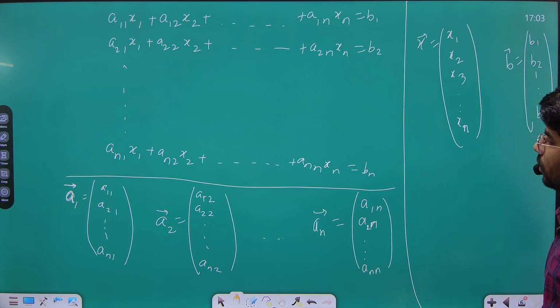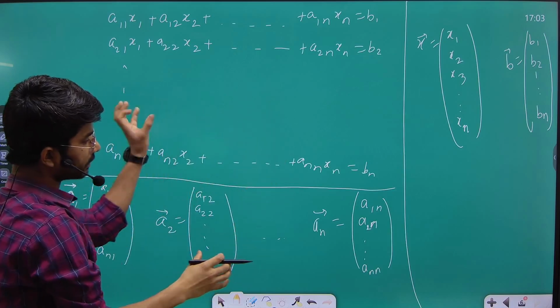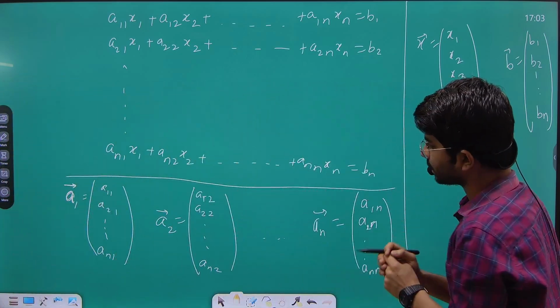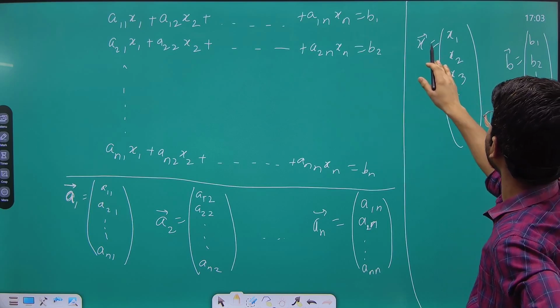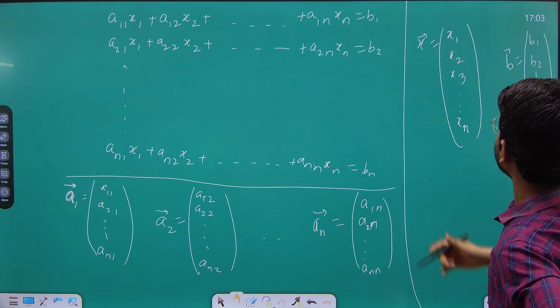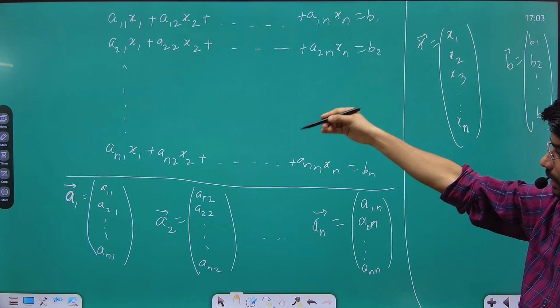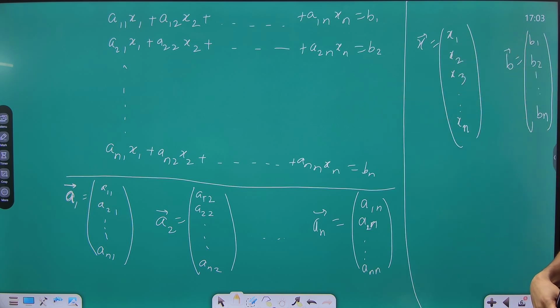So if you want to represent this system of equations in vector form, then you can write it as vector a1 multiplied with x1. All of these would be multiplied with the corresponding vectors.